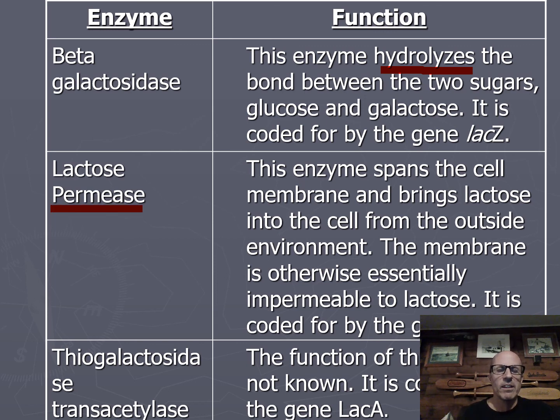Permease is interesting in a way because it actually makes the cell membrane a little bit more permeable, which allows the lactose to be taken up by the cells instead of being concentrated in the cytoplasm. Ironically, despite us talking about it, transacetylase does not really have a known function. Regardless of that, it is known that all 3 of these enzymes are required to metabolize lactose.